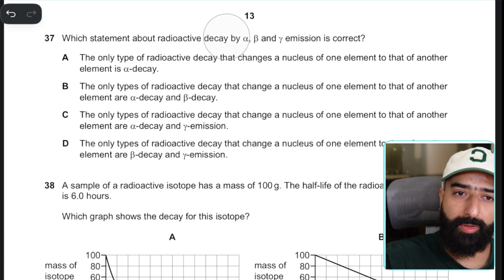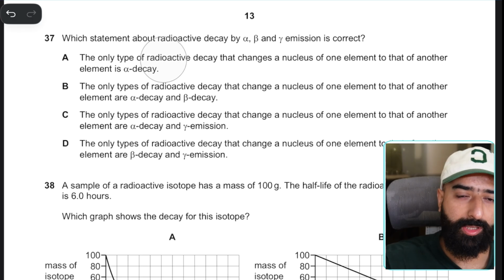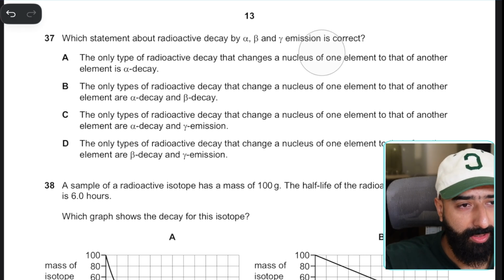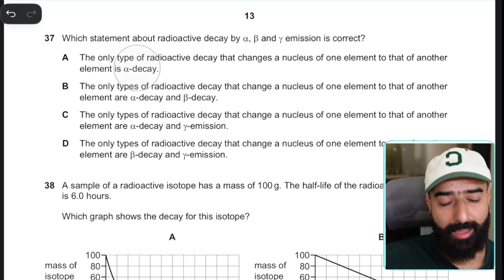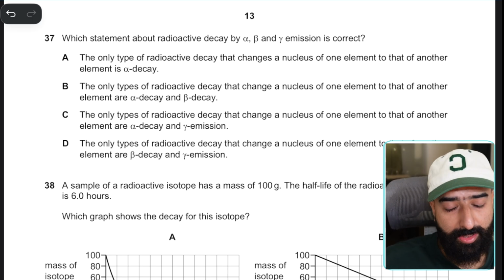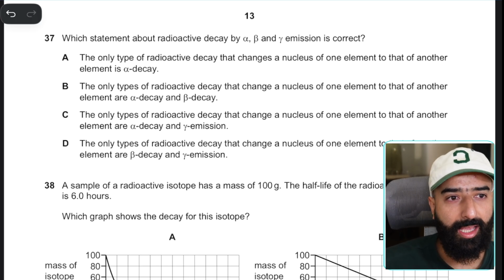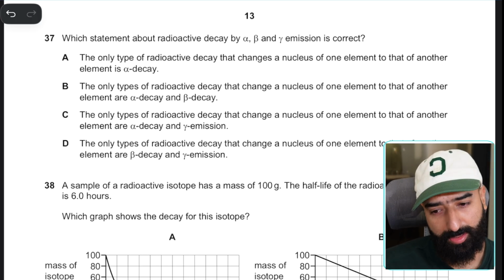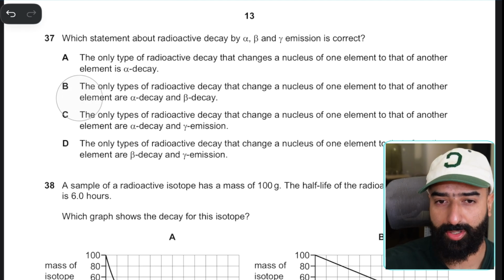Which statement about radioactive decay by alpha, beta, and gamma is correct? The only type of radioactive decay that changes the nucleus of one element to that of another element is alpha. Alpha decay does change a nucleus. That's true. Can beta decay change a nucleus? Yes, a beta decay can change a nucleus.